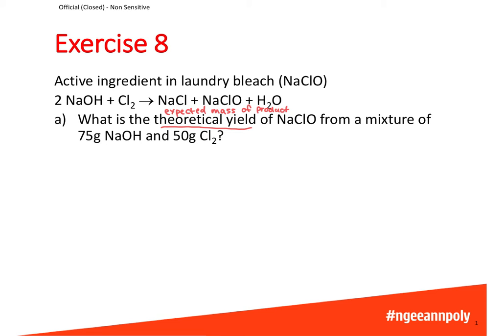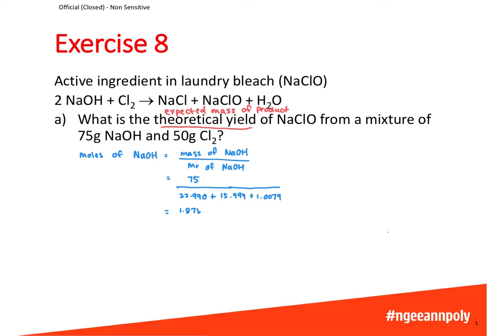We are given the mass in grams, so we can find the number of moles by taking mass divided by Mr. So we get 1.875 moles of NaOH and 0.7052 moles of Cl2.